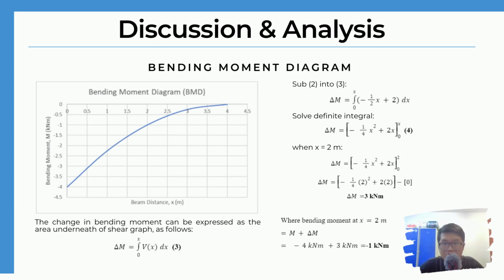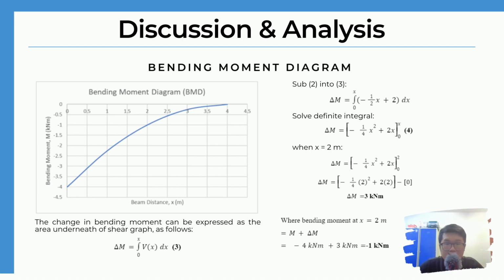Hence, we can now construct a bending moment diagram. Since the load is a uniformly distributed load, the bending moment diagram will look like a parabolic shape, where it will increase from negative 4 kN·m to 0 until it reaches a beam distance of 4 meters. For your information, the change in bending moment can be expressed as the area underneath the shear force graph, where delta M equals the integral of V(x) dx with upper limit of x and lower limit of 0.